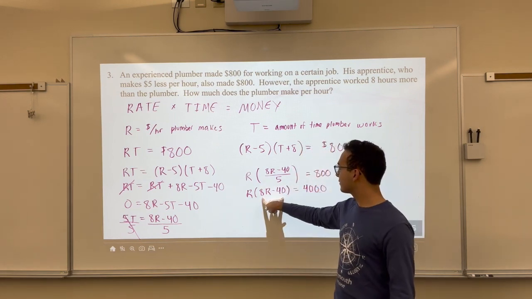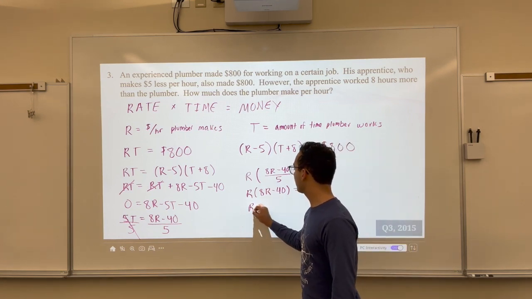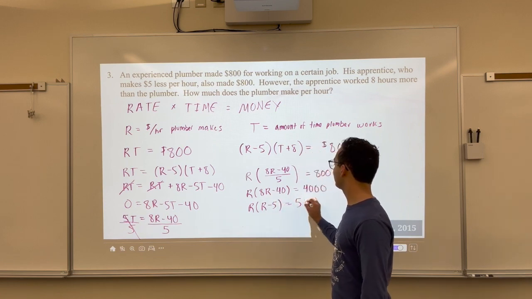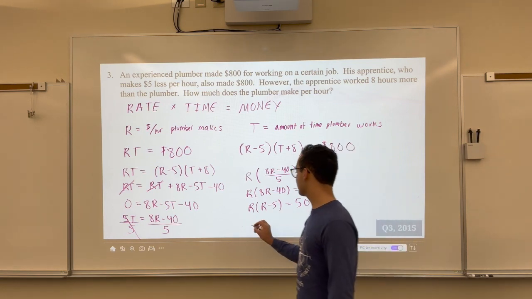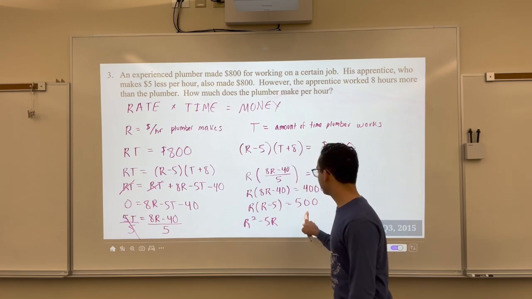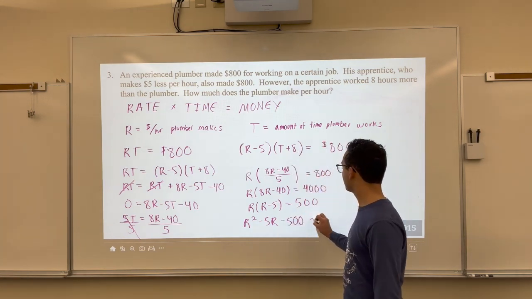These have a common factor of 8, so let's divide 8 from both sides, and we get that R times (R minus 5) is equal to 500. Now it's just a quadratic that we can solve. Distributing this, we get that R squared minus 5R would equal 500, so let's subtract that 500 to this side, and that equals 0.